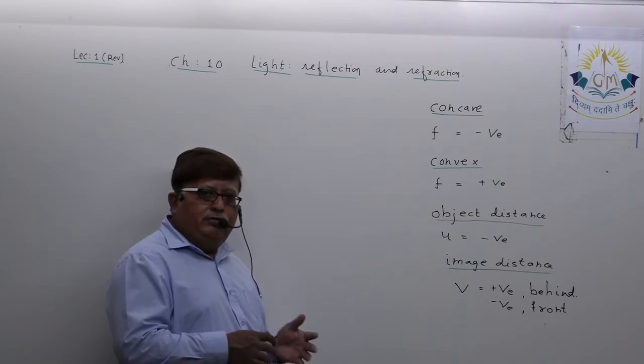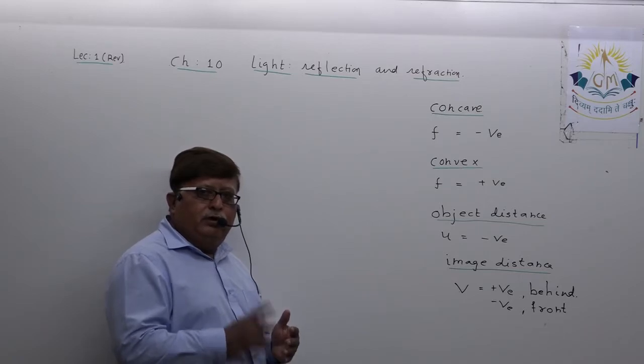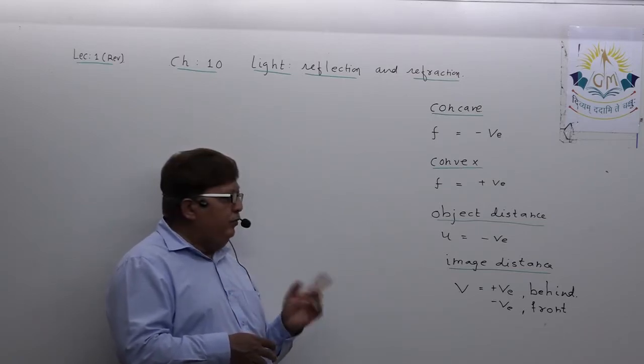A student needs to be very sure that for a concave mirror, focal length is always negative. For a convex mirror, focal length is always positive.